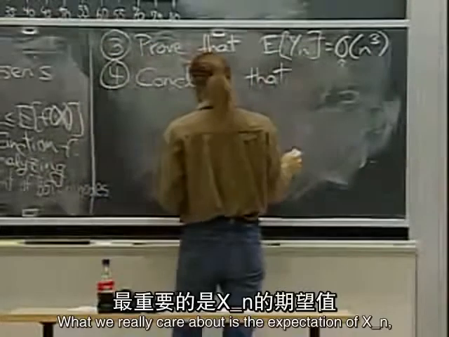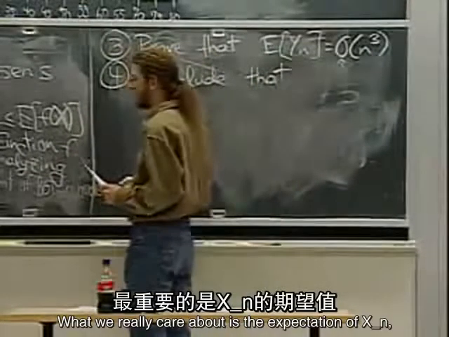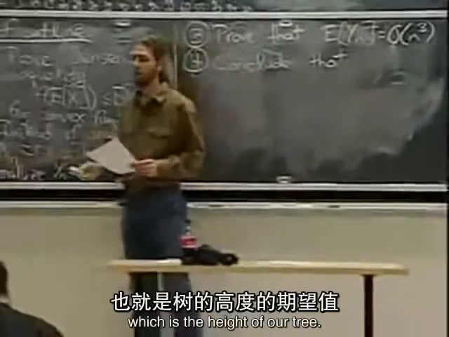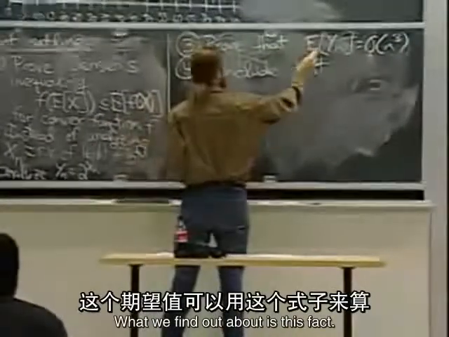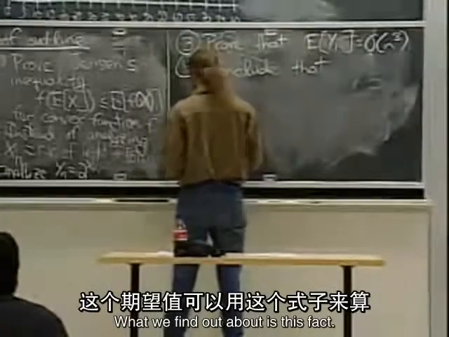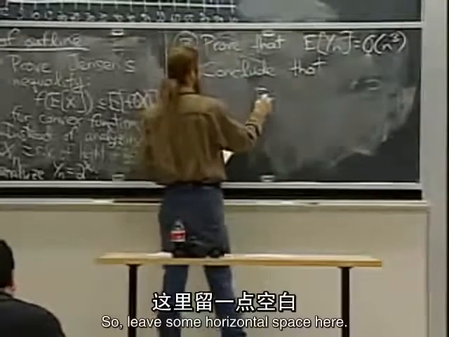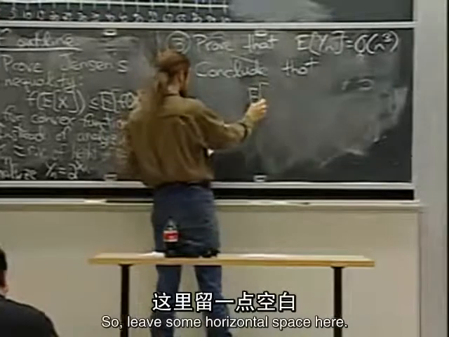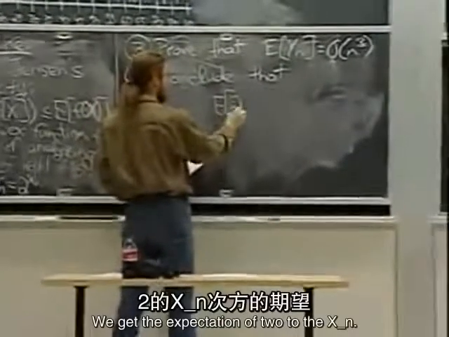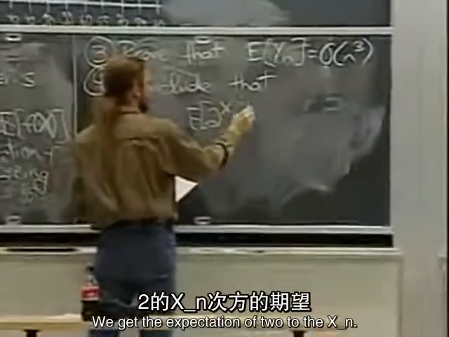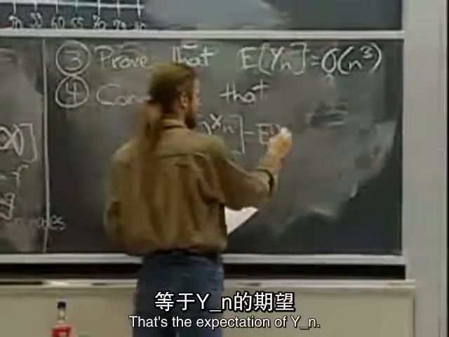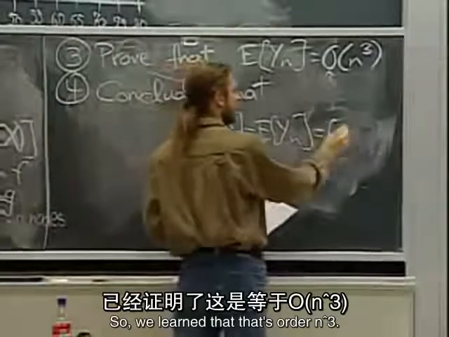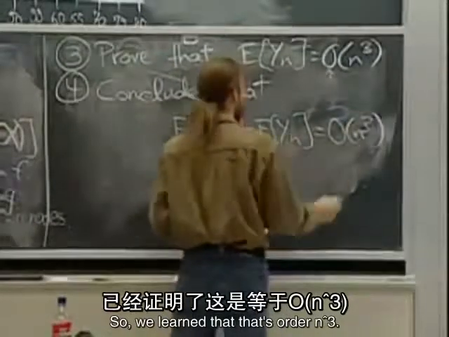What we really care about is the expectation of X_n, which is the height of our tree. What we find out is this fact. Leave some horizontal space here. We get the expectation of 2 to the X_n. That's the expectation of Y_n. So we learn that that's order n cubed.